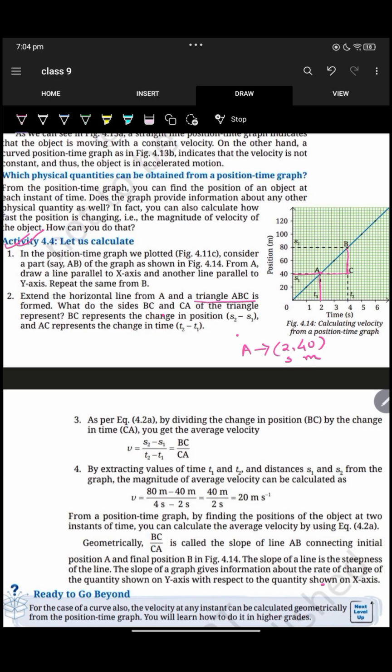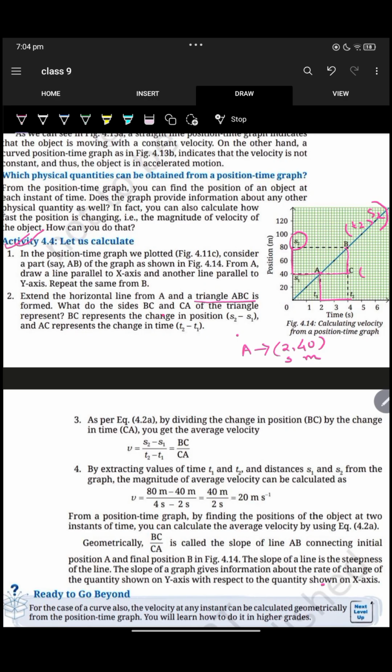Now what do the sides BC and CA of the triangle represent? BC is parallel to the y-axis, isn't it? And CA is parallel to the x-axis, right? Now at B, the position is S2 and time is T2. So I can say it is T2, comma S2 at B, the time and the distance.